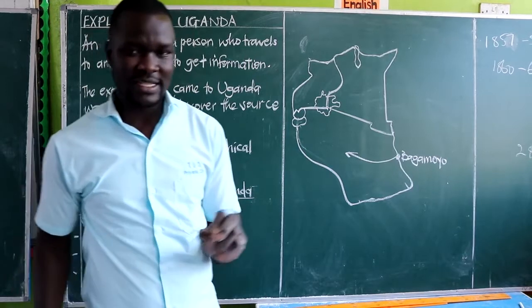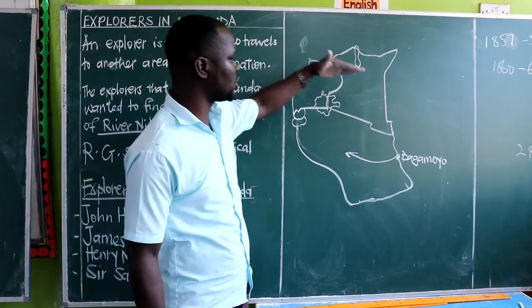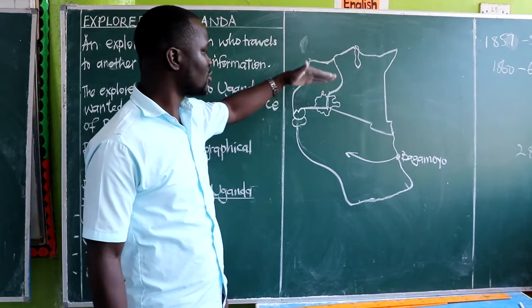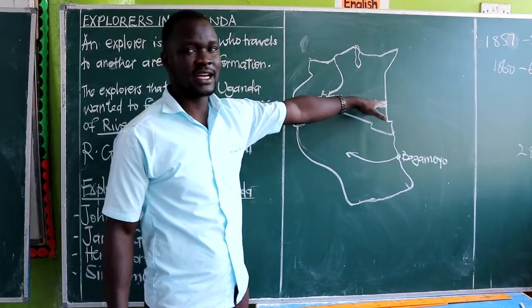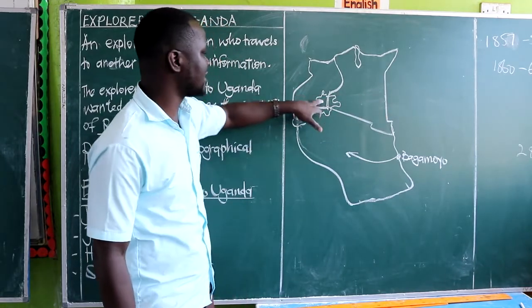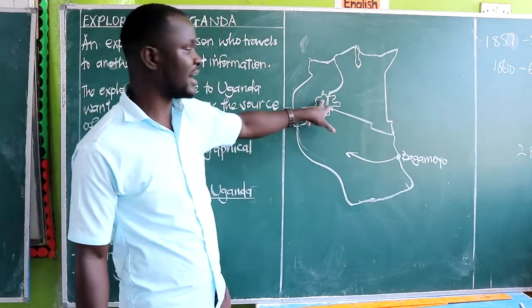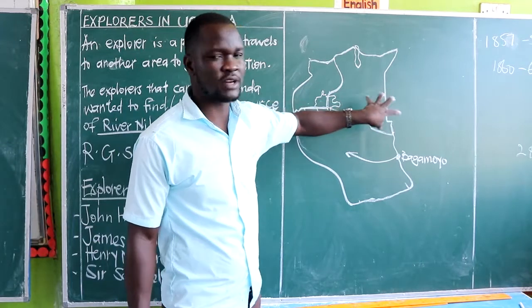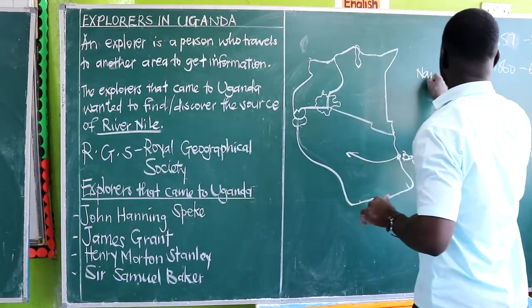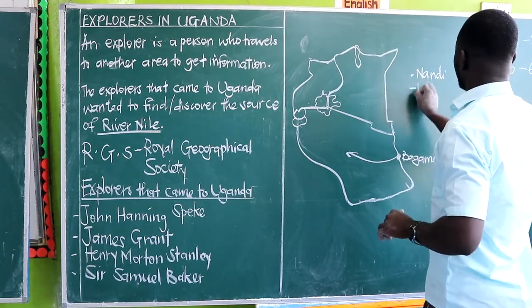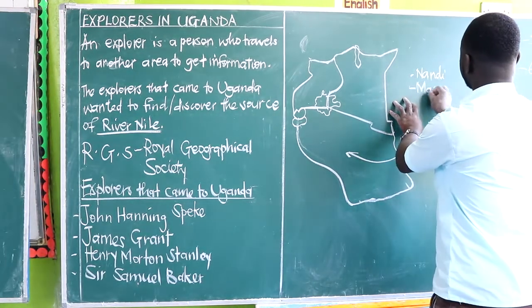Now, we need to understand that it would be very short for these people to have used this area that is from Kenya. This would be the shortcut direct to Lake Victoria. However, there were some hostile tribes in Kenya. For example, we have the Nandi, and then we have the Maasai.